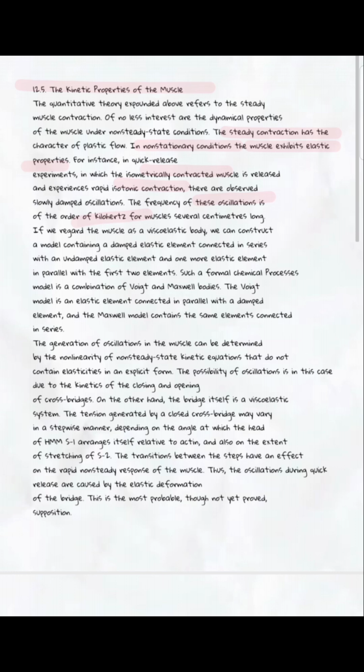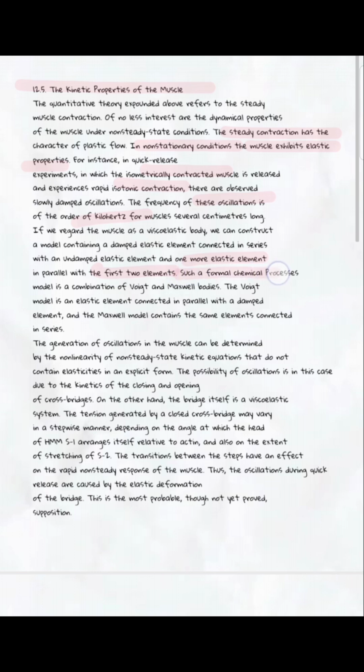If we regard the muscle as a viscoelastic body, we can construct a model containing a damped elastic element connected in series with an undamped elastic element, and one more elastic element in parallel with the first two elements.